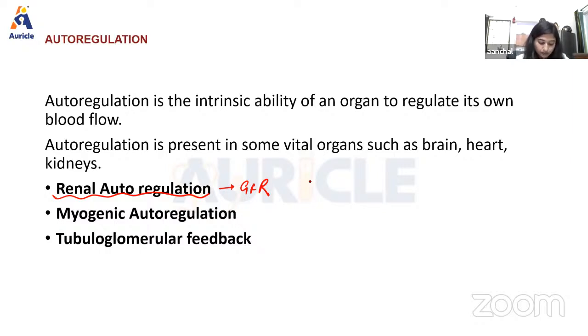So when the mean arterial blood pressure varies between 60 to 180 mmHg, the GFR remains maintained, because the kidney has the very important property of auto-regulation of BP. Okay, so here we're going to learn about two important mechanisms. The first we have myogenic, and the second we have tubuloglomerular feedback. One by one we're going to learn.